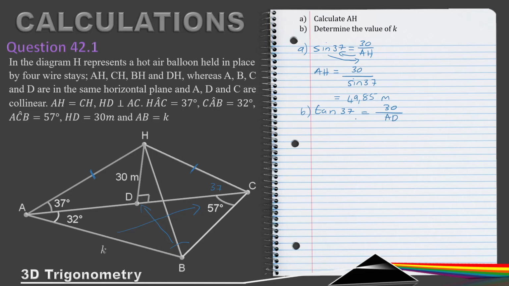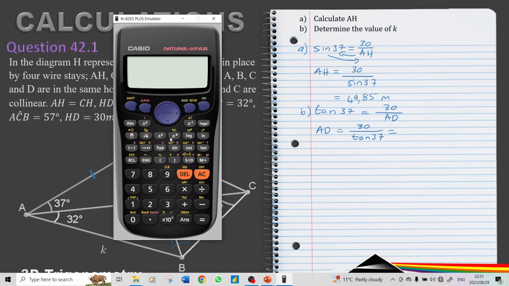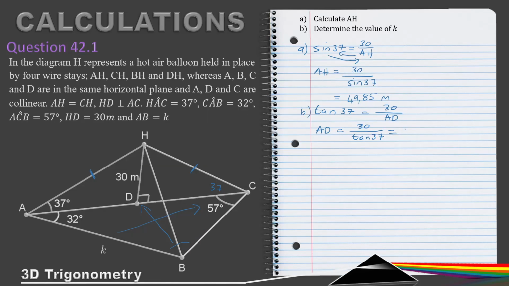Okay, so solving for AD again, bring AD up, take tan 37 down, so AD is equal to 30 over tan of 37. Okay, let's calculate that. And that's 39,81. Okay, and that's obviously also equal to DC.